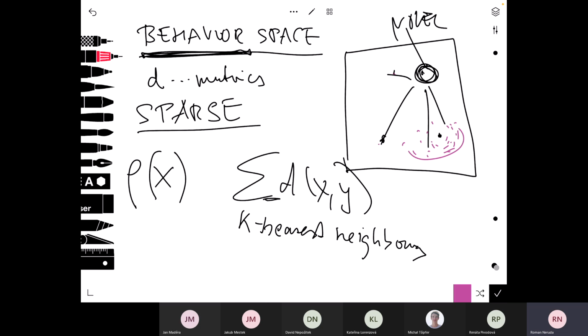You're selecting the k individuals that are closest to this one, you compute the distances and sum them, multiplied by k, and that's the number that tells you how far you are from everybody. Well, not everybody, only the k nearest neighbors, but that's a good indicator. So that's the sparseness coefficient.